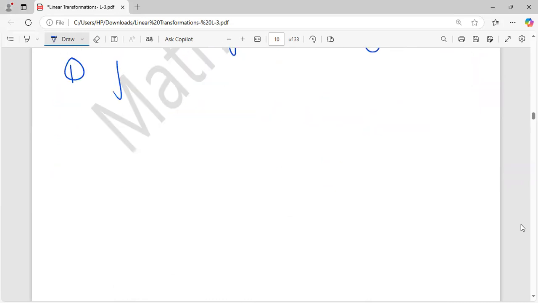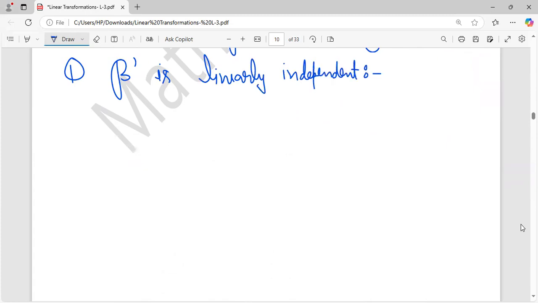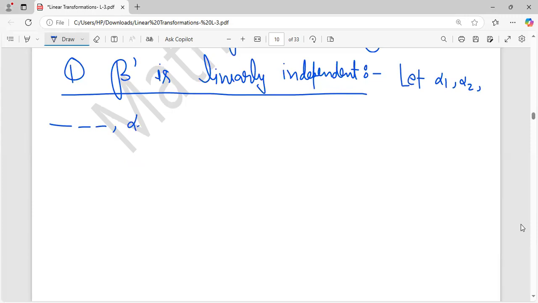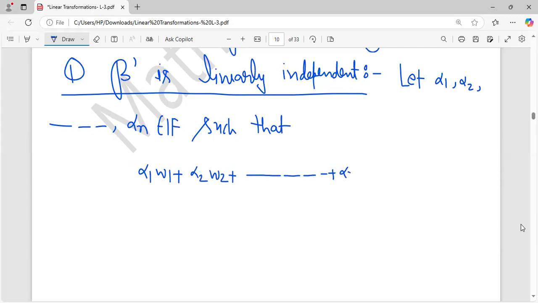Number one, B dash is linearly independent. Let alpha 1, alpha 2 up to alpha n belong to F such that alpha 1 w1 plus alpha 2 w2 plus up to alpha n wn is equal to 0. Then what is w1?